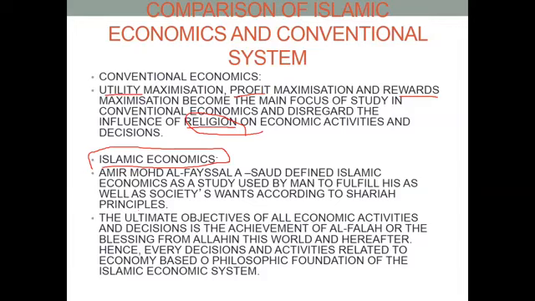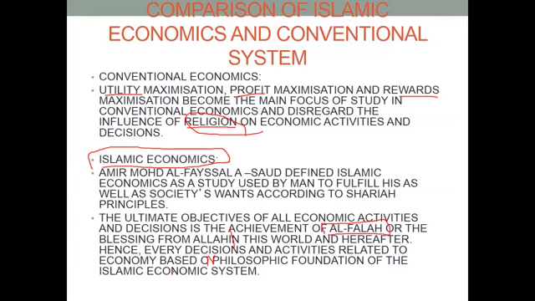The ultimate objective of all economic activities and decisions is the achievement of al-falah. Oh, there is al-falah here. Or the blessing of Allah in the world and hereafter. Hence every decision and activity related to economy is based on the philosophic foundation of the Islamic economic system.